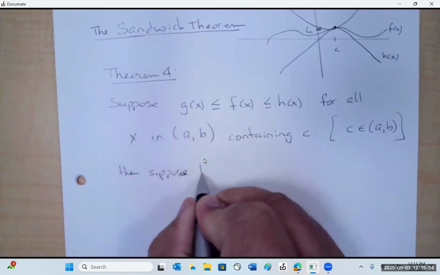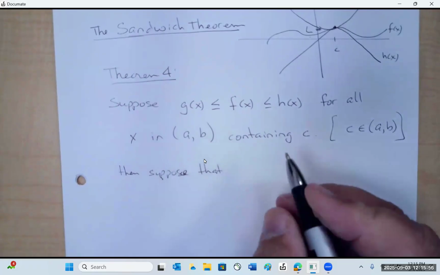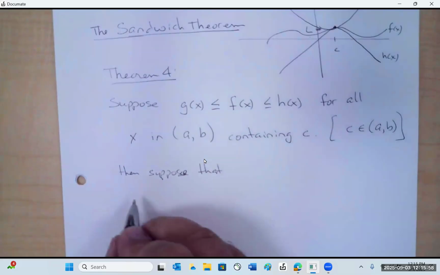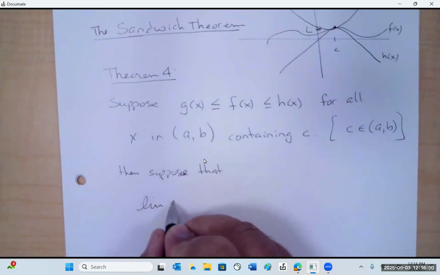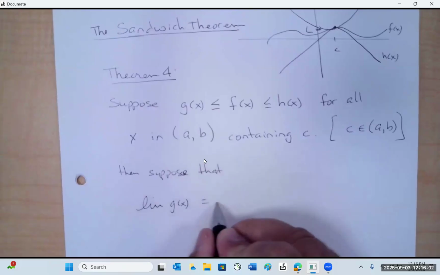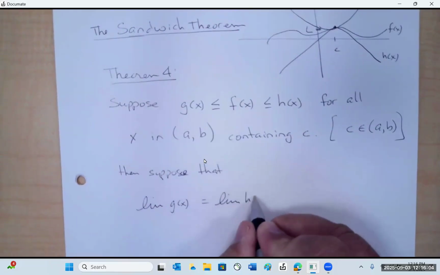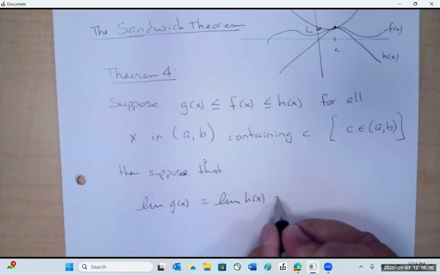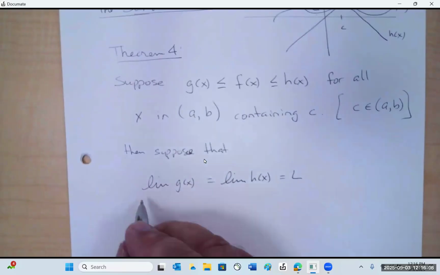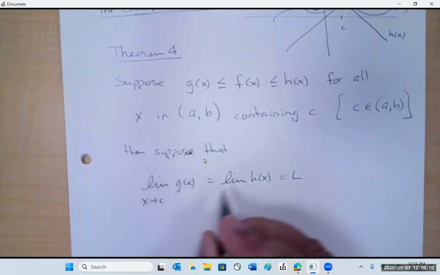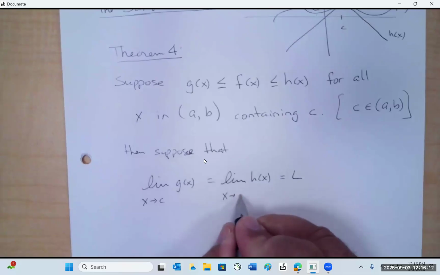Then suppose that the limit of g of x is equal to the limit of h of x, and they both equal L as x approaches the same value c.